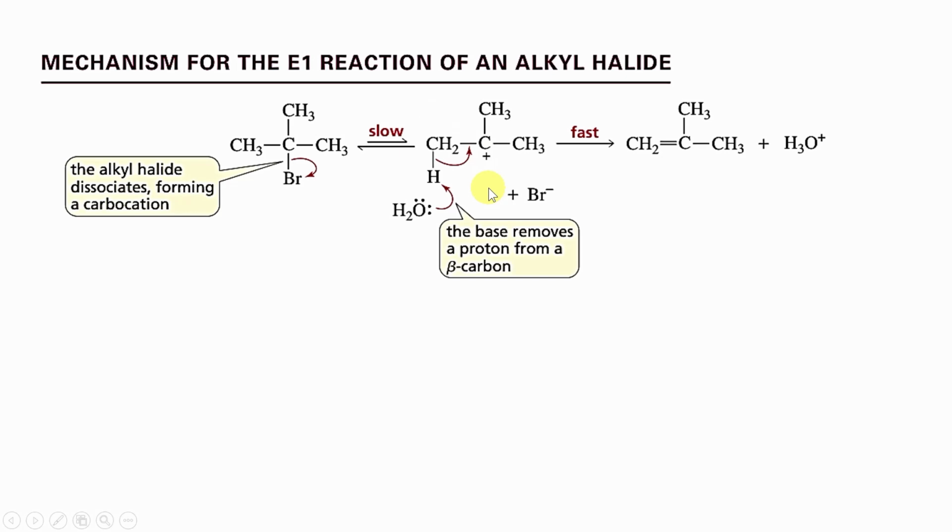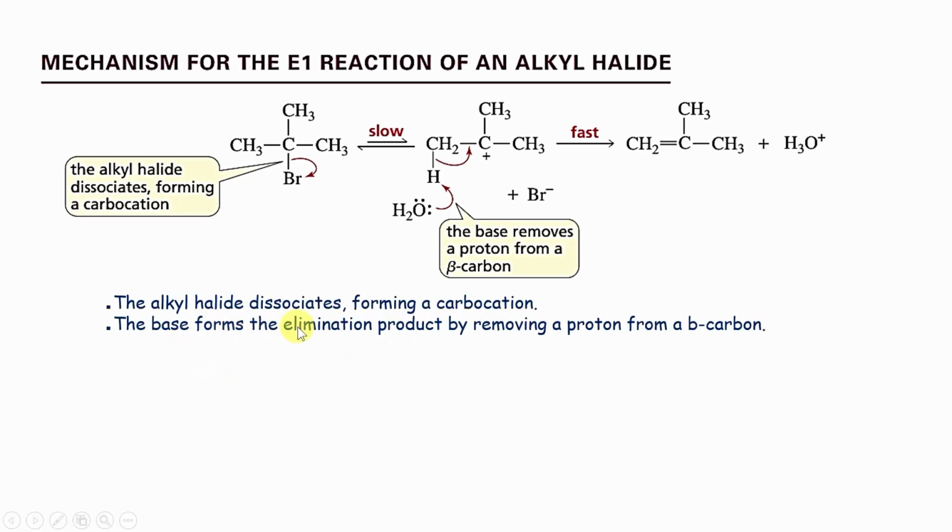Then in the next step, which is the fast step, the solvent captures a proton from the beta carbon atom to form the corresponding alkene, in this case 2-methyl propene. That is the mechanism of the reaction. The alkyl halide dissociates first, forming the carbocation. Then the base forms the elimination product by removing the proton from the beta carbon atom in the fast step.